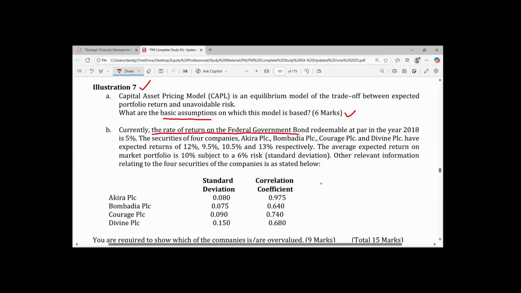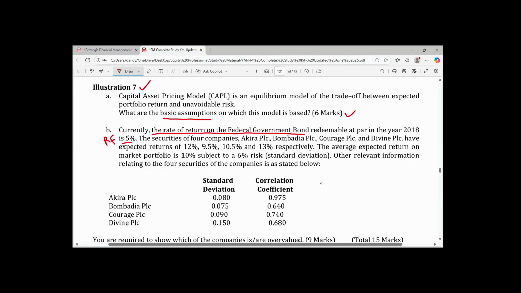Risk-free rate of return is the rate associated with government securities, like treasury bills and federal government bonds. So the examiner has given you the risk-free rate, RF, to be 5%.